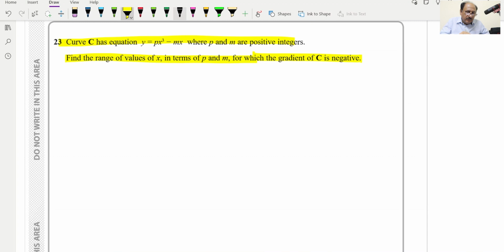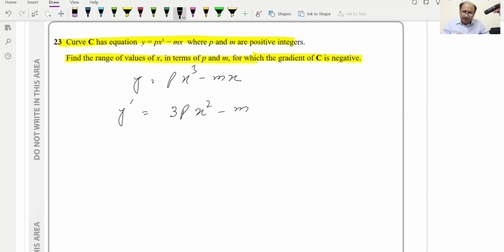So we can write this equation, y = px cubed minus mx, and for the gradient we will be finding y dash, the first order derivative, so this will be equal to 3p x squared minus m.